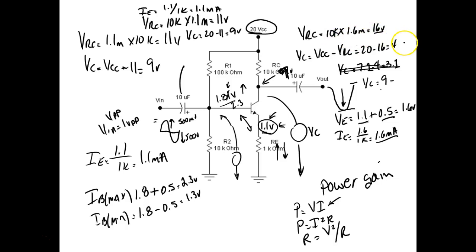So it's going to drop 16 volts, right? So VC would be equal to VCC minus VRC. Sorry. So this is going to drop 4 more volts, right? So that's going to be 9 minus 4. So my VC would drop down to 5 volts.